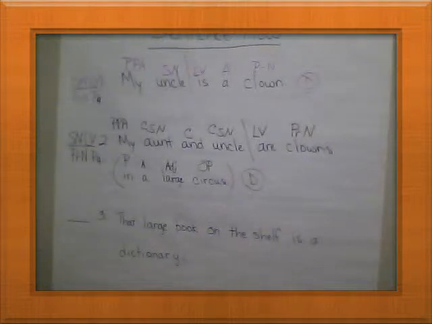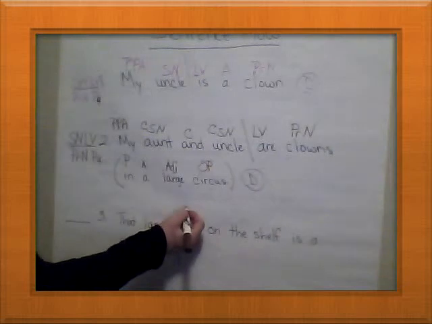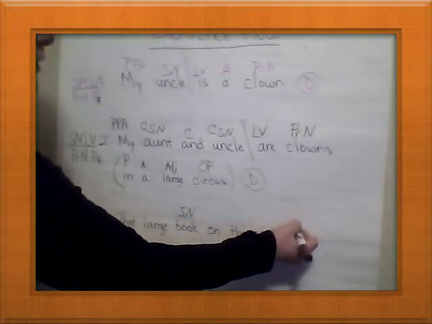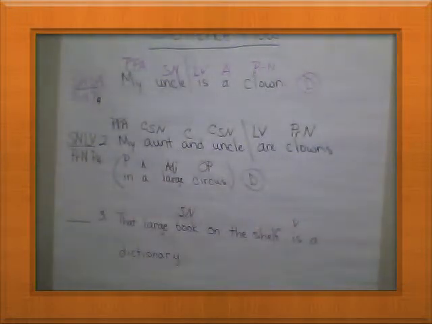That large book on the shelf is a dictionary. Our first question is, what is a dictionary? The answer is book. SN. What is being said about the book? Be careful for your answer here. The book is verb. You really have to have your be verbs memorized.